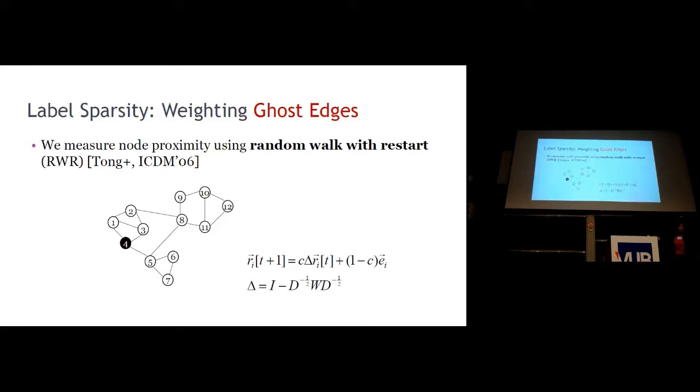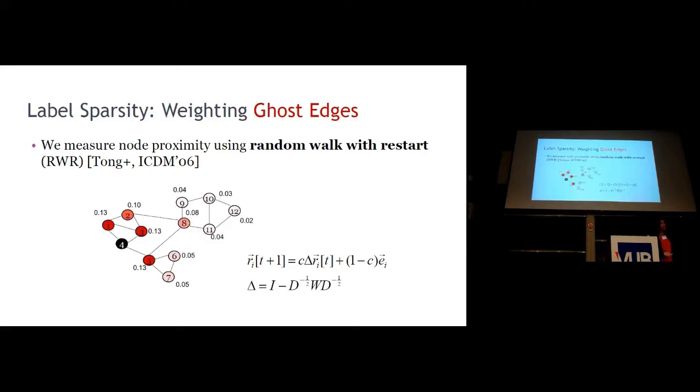D is the diagonal degree matrix, W is the adjacency matrix. And then whatever the ranks were at time t, plus the restart probability, 1 minus c, times this vector e, which is the starting vector where it has zeros everywhere and 1 on the ith node.